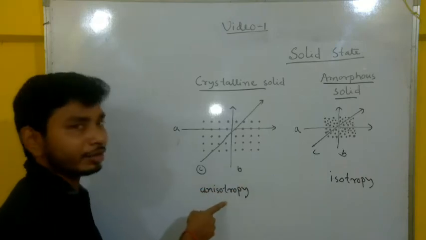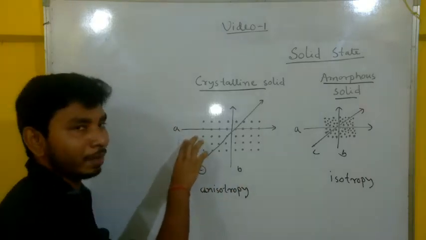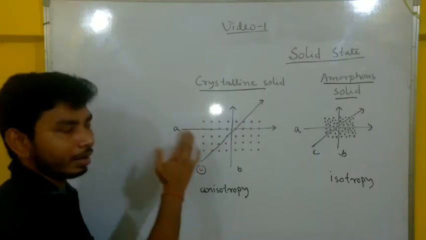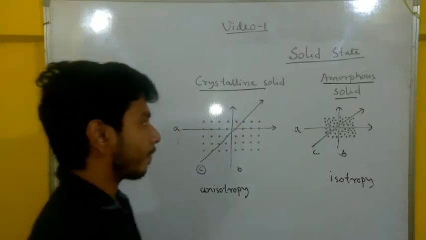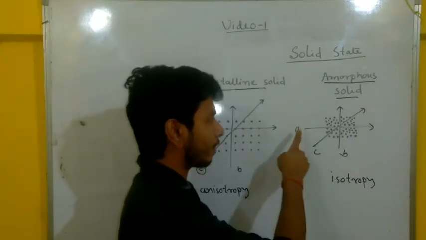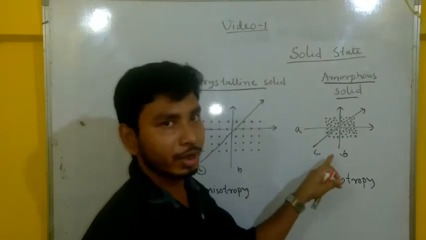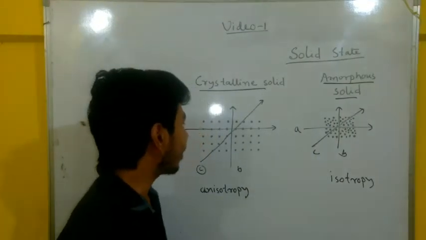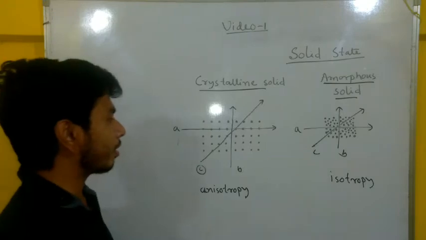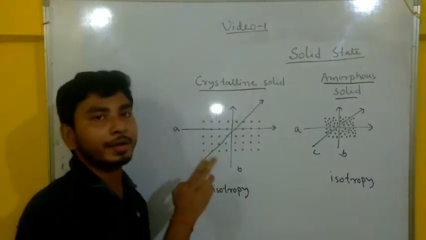What do you mean by anisotropy? That is, the value of different physical properties along different directions will be different. Amorphous solids are isotropic in nature. That means the value of different physical properties in different directions will be the same. The third point of difference is that crystalline solids have a sharp melting point.